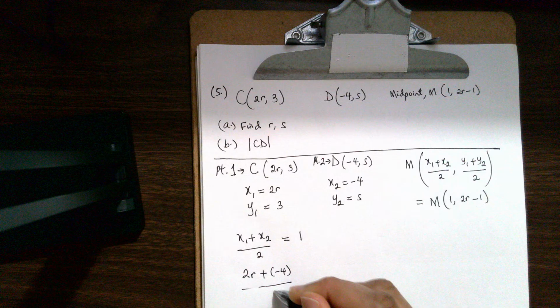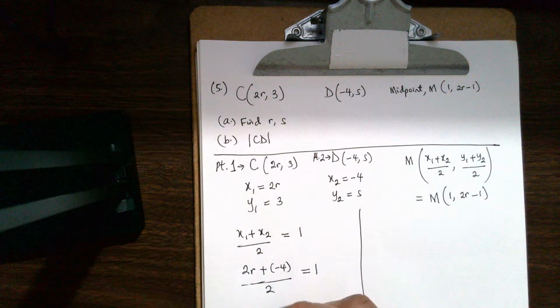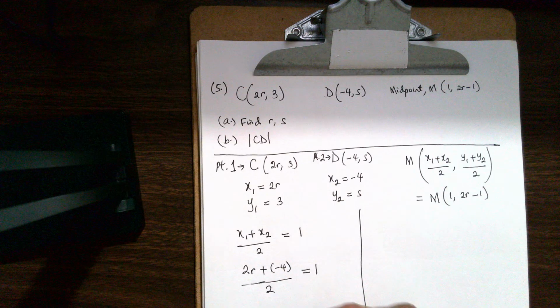So let's multiply both sides by 2. Plus minus is minus. So we have 2r minus 4 over 2 is equal to 1. Multiply both sides by 2, and you have that 2r minus 4 is 2 times 1, so 2r minus 4 is 2.